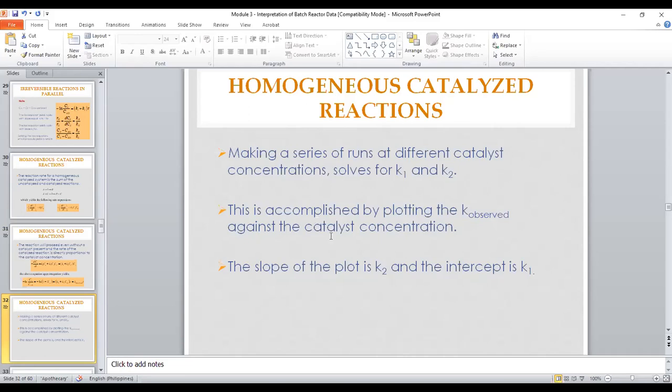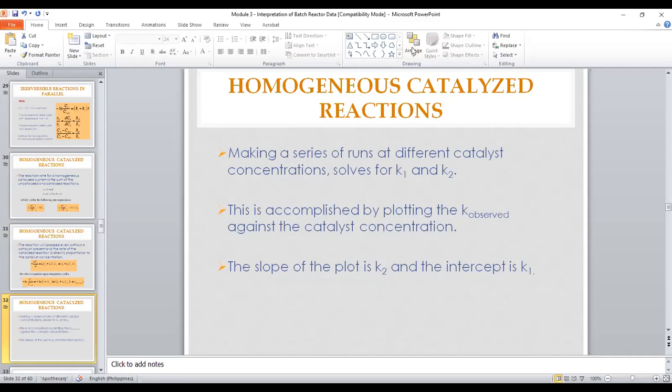This is accomplished by plotting the K observed, or the given rate constant for your homogeneous catalyzed reaction, against the catalyst concentration. The plot will give you the intercept, which is equal to K1, and the slope, which is equal to K2.